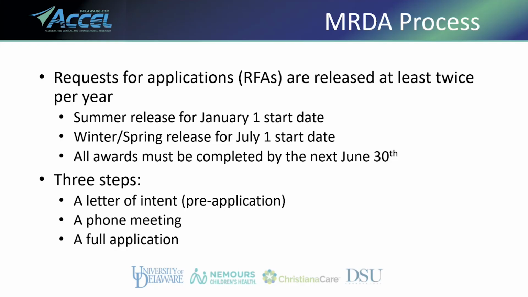There's also typically a late winter, early spring release of the RFA for applications starting on July 1st. Now, regardless of whether you start with a January 1st or July 1st start date, all of the activities for the MRDA need to be completed by the next June 30th.